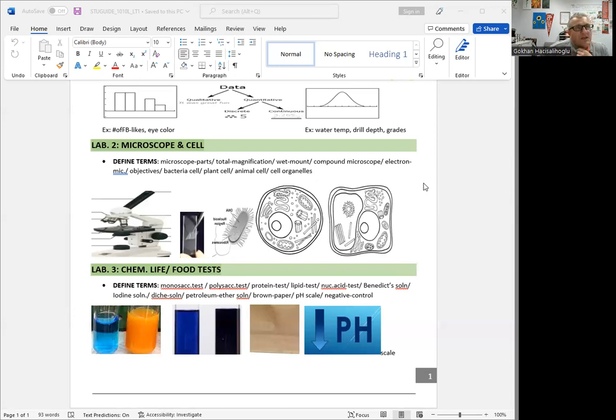We can have an assay or test for each of them, specifically for monosaccharides or polysaccharides, and for carbs, lipids, protein, and also nucleic acid.